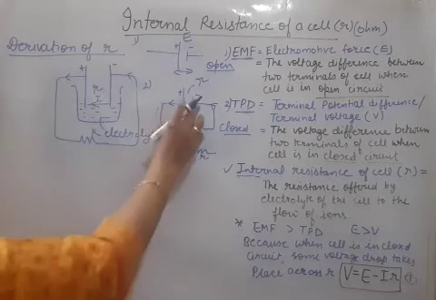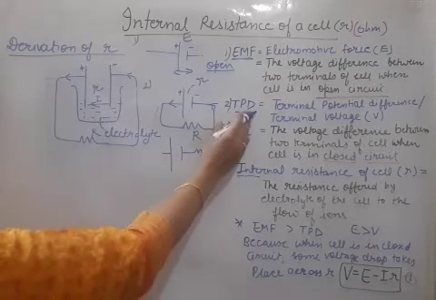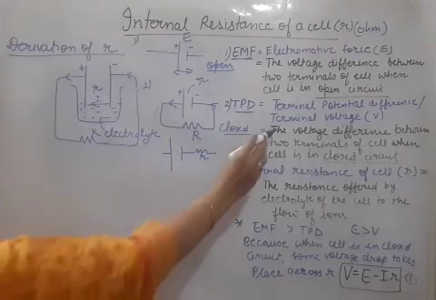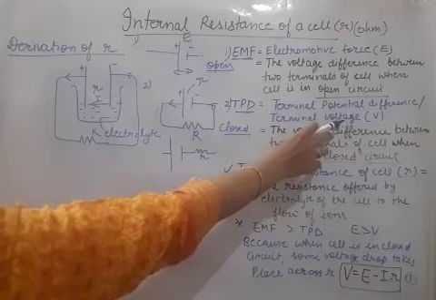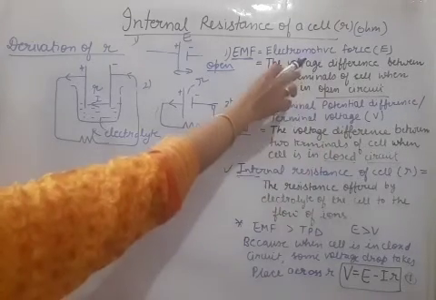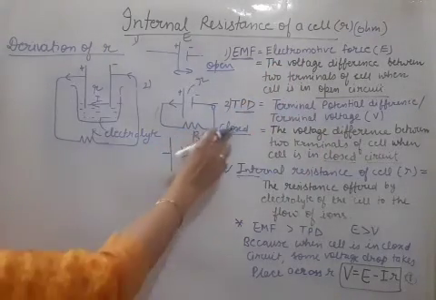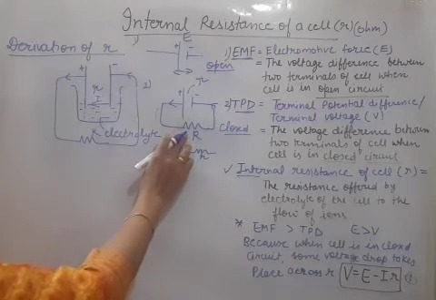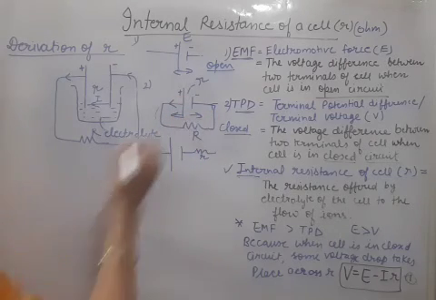Okay. Now let us come to the second type of voltage, TPD. TPD means terminal potential difference, or we can also call it terminal voltage. We denote it by the symbol V. Here it was symbol E, here it is symbol V. Now TPD means when the cell is in the closed circuit, at that time what is the potential difference between the two terminals of the cell?